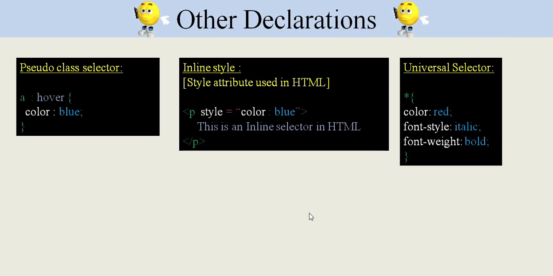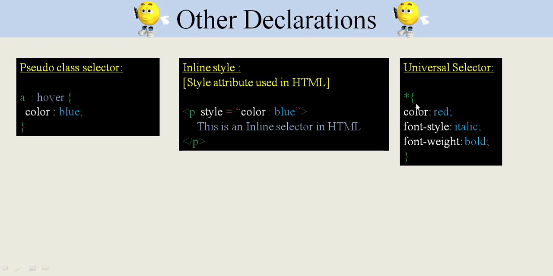And another thing, which will be new to our topic, is the universal selector. With this universal selector, we are going to apply everything. The properties that we give within the universal selector, using this asterisk symbol, this star symbol, will be applied to the entire page.